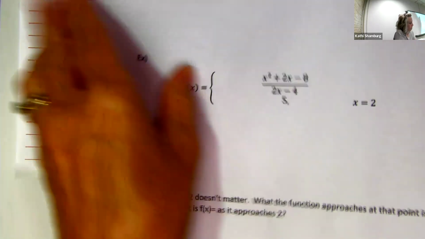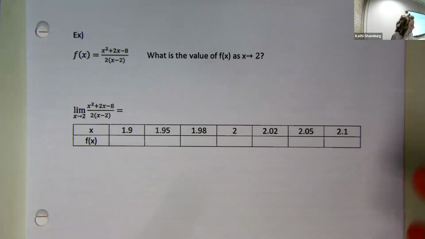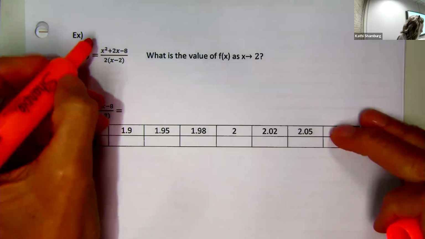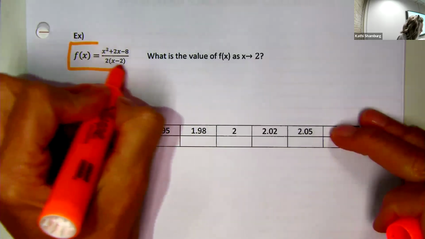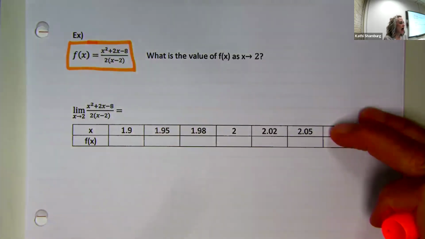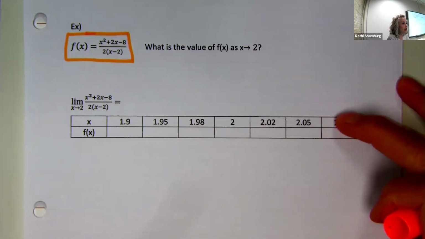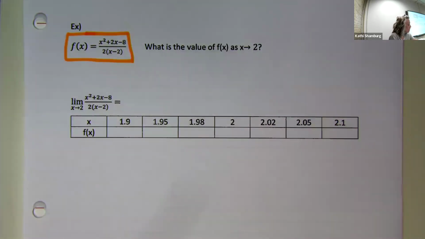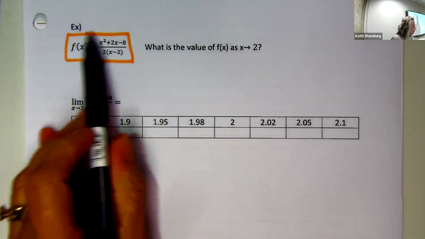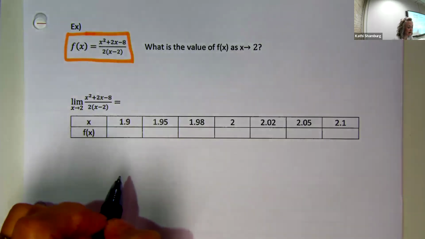All right, moving on. Let's look at this equation right here. We have a rational equation, so we know we're going to have some restrictions on the value of x. When you look at this, look in your denominator. What is that restriction?